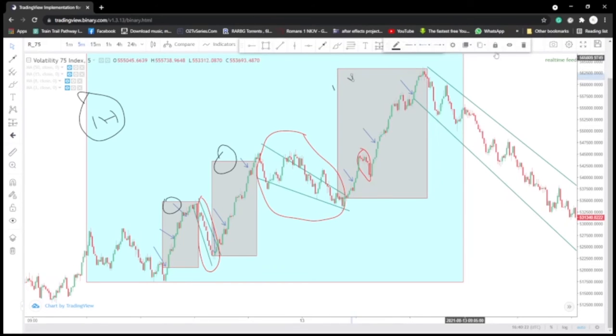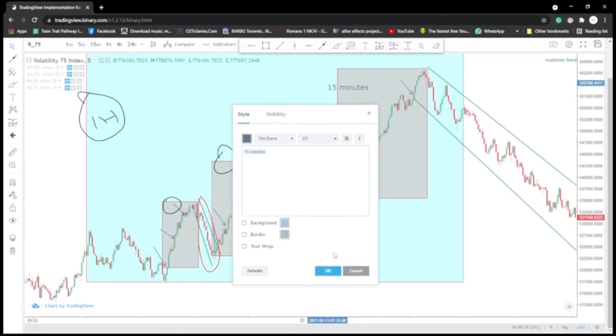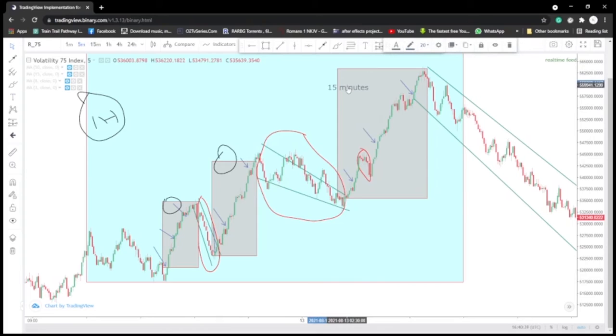Once you understand this, and once you practice it and use this in your trading, it's gonna be easy for you to trade. Again, this is not for newbies or people who have just started to trade.